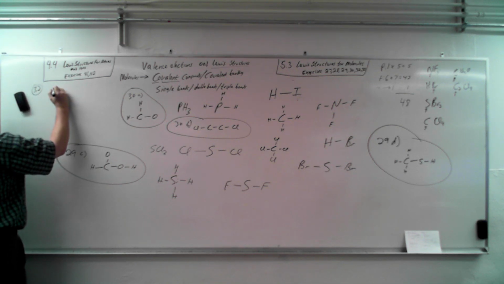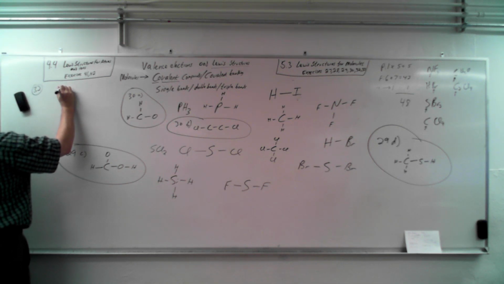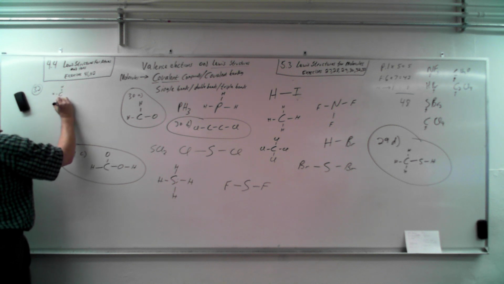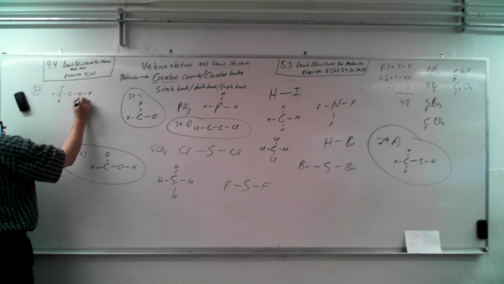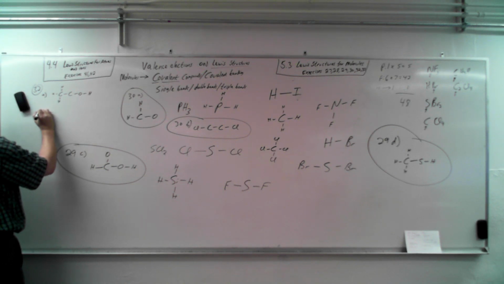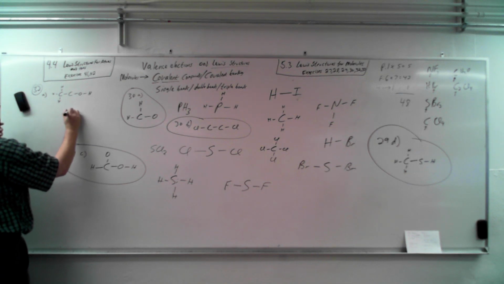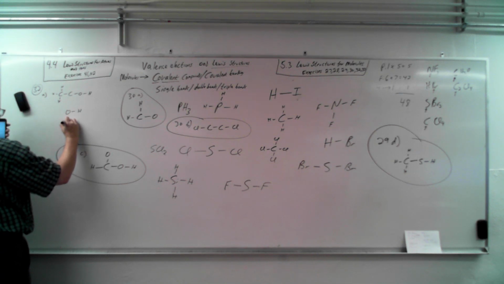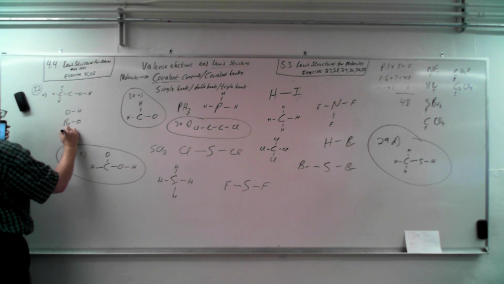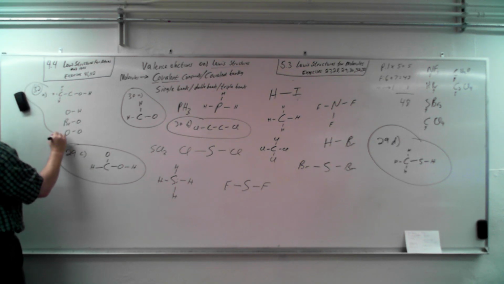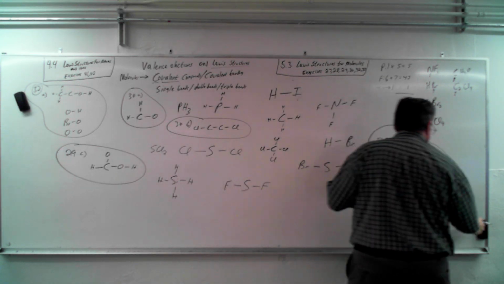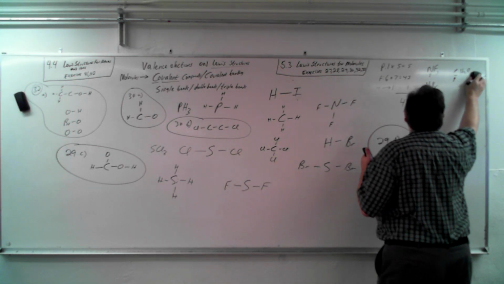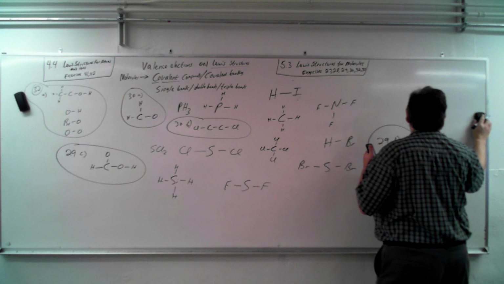Number 32. Use that for A. The rest of them are just diatomic. O to H, Br to O, O to O. And then 33.